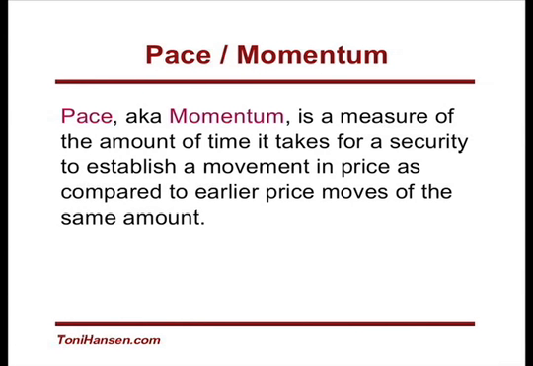If you have something that rallied that 1 point in an hour, but the correction where it pulls back, say, 50% of that point or 50 cents, takes 2 hours to do that, then you have a slowdown in pace or a slowdown in momentum. And when you have these slowdowns in momentum, these counter moves that are much more gradual than the previous move, then you have a higher probability chance of getting a strong follow-through of that previous move.